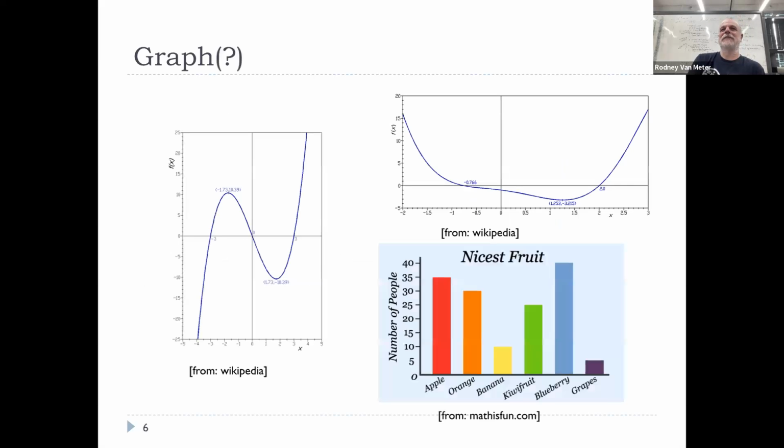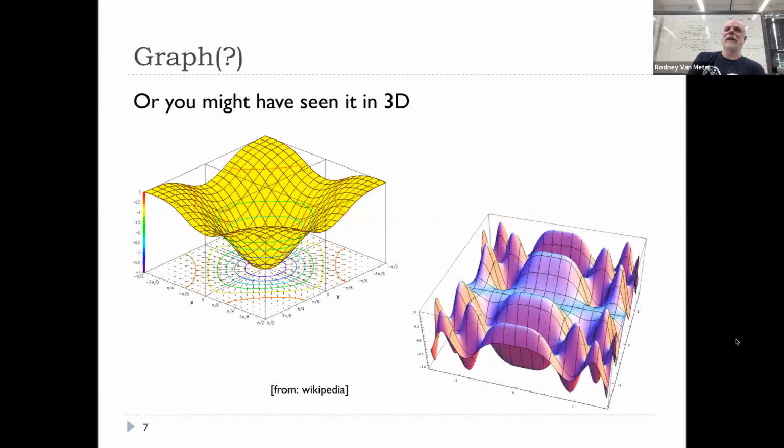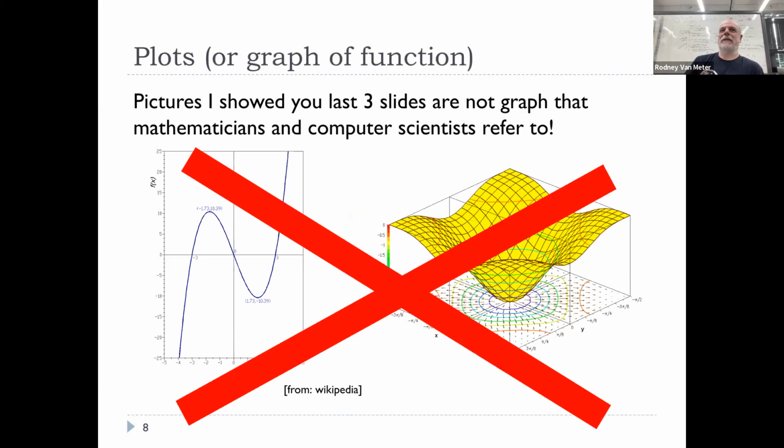Well, that's a graph. These are different kinds of graphs. Maybe you've seen 3D graphs. All of these are not the kind of graph we're going to talk about today. I sometimes call those graphs, but I often call those plots, like I said.